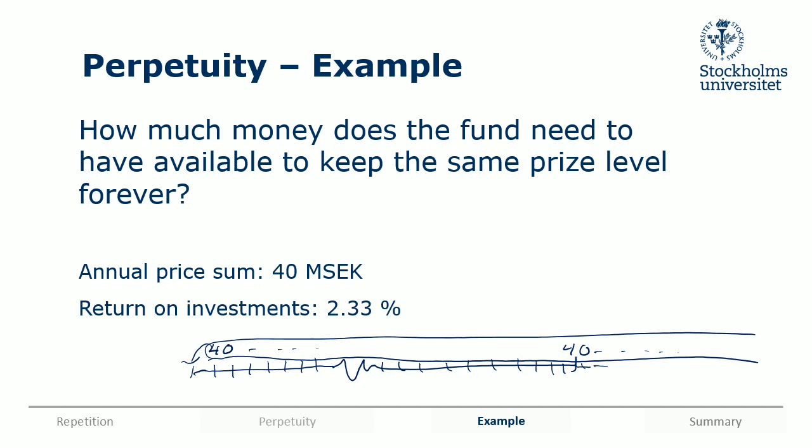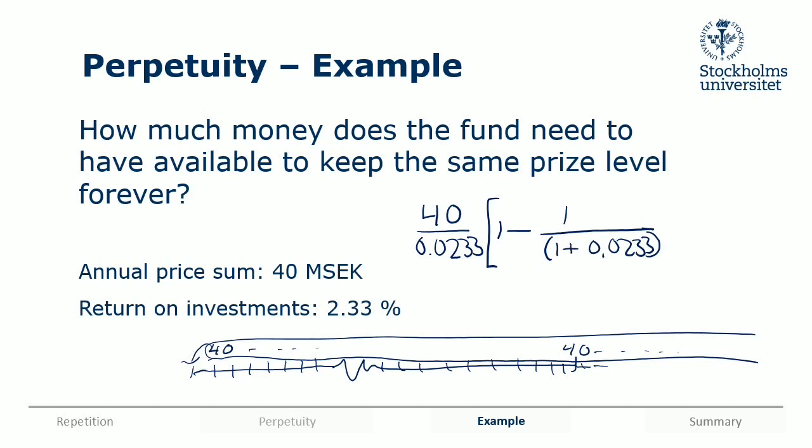So if we do that and use the regular present value of an annuity formula, as you have seen before, we can do that by taking 40, which is the annual price sum, divide by the interest rate, 0.0233, times the factor 1 minus 1 plus 1, 0.0233 raised to, well, now we have a small problem.